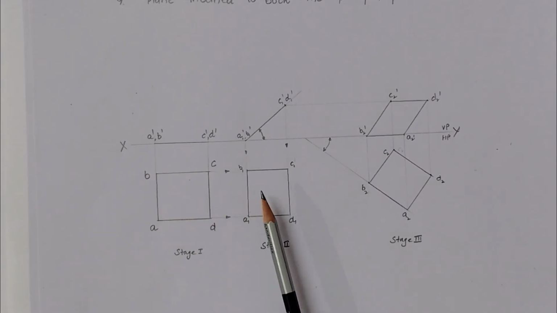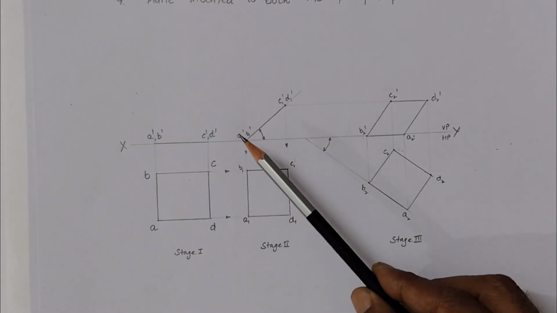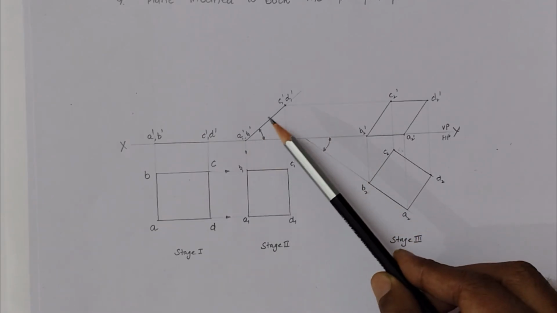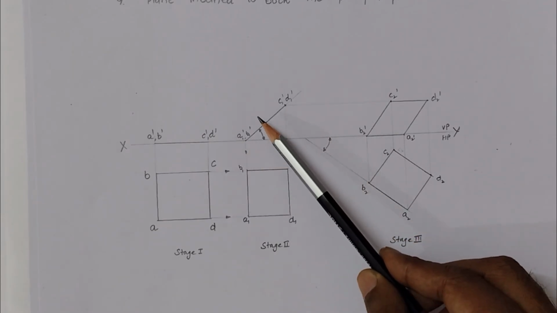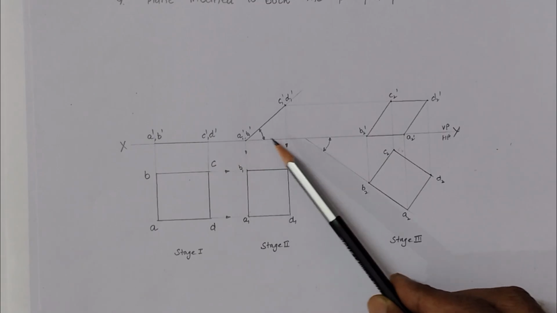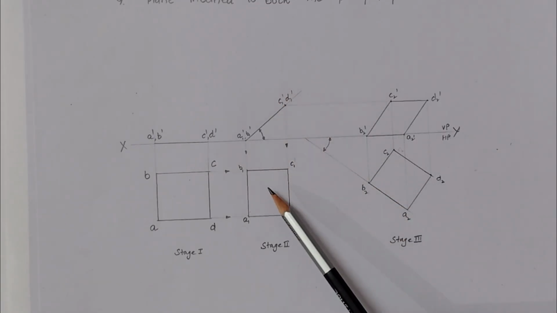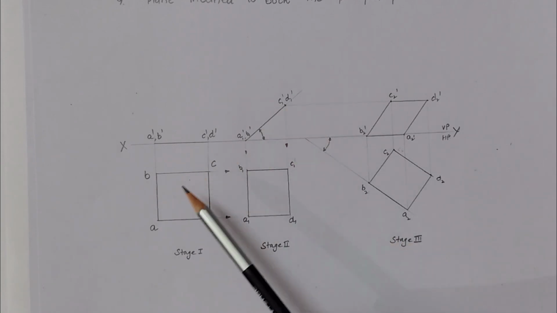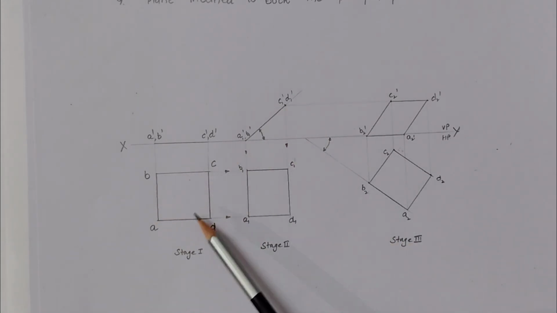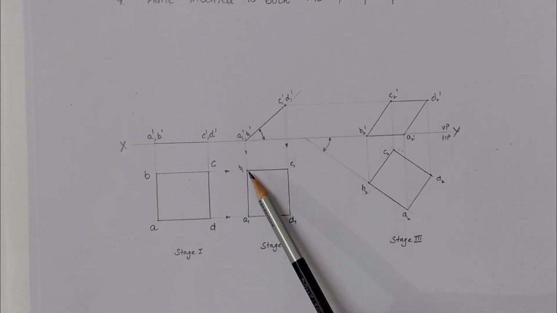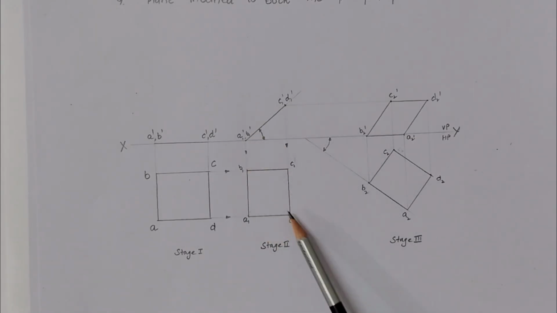In the next step, we incline the front view so that we can represent the inclination of the object with the horizontal plane as given in the question. So we draw the top view with the help of the front view and the top view in stage 1.